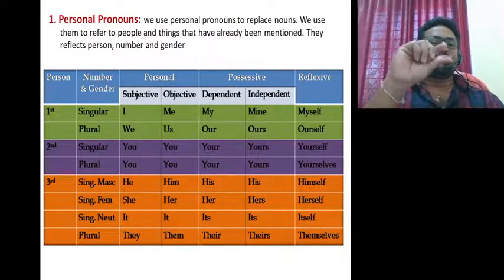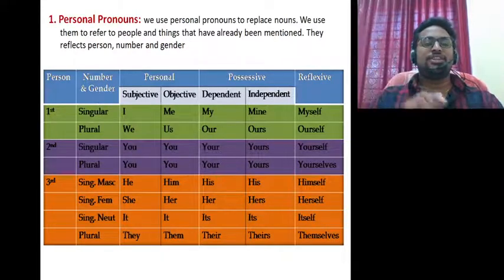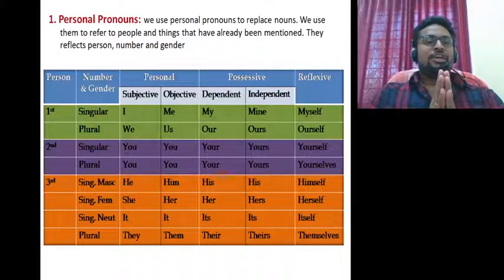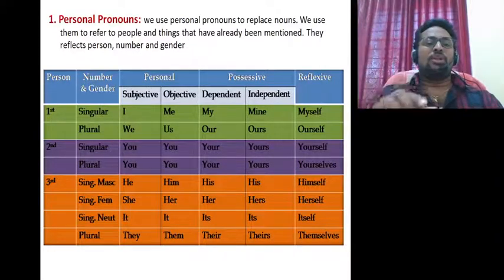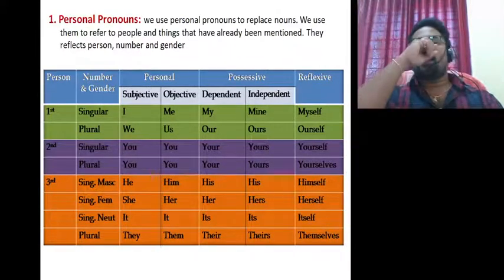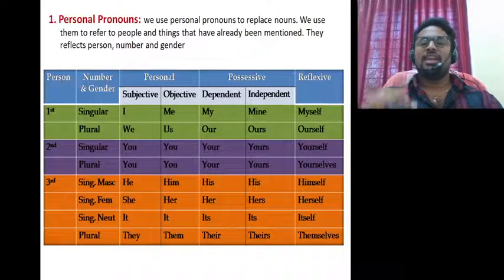They reflect person, number, and gender. We use the personal pronoun in the sentence to refer to the people and the things that have already been mentioned in the given sentence.